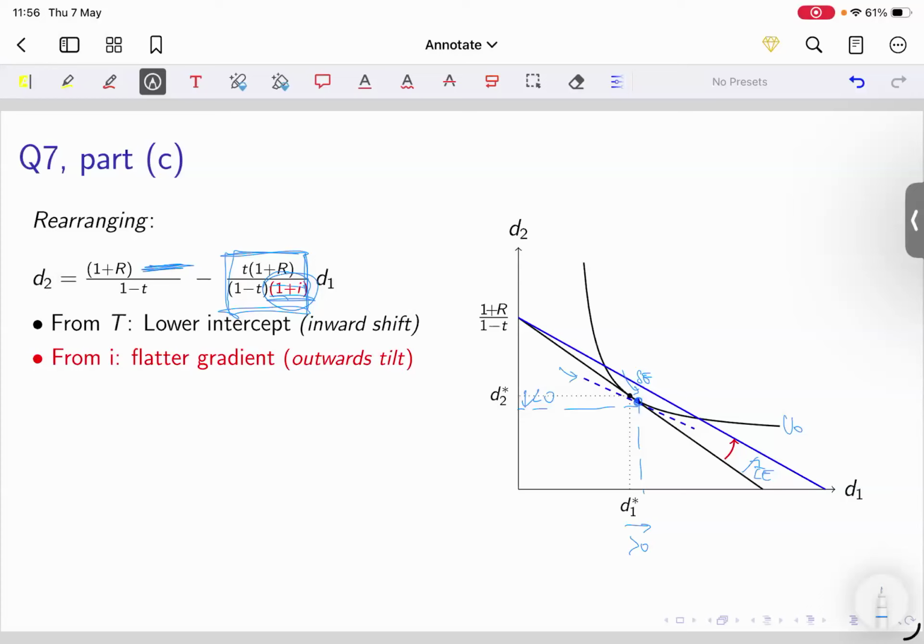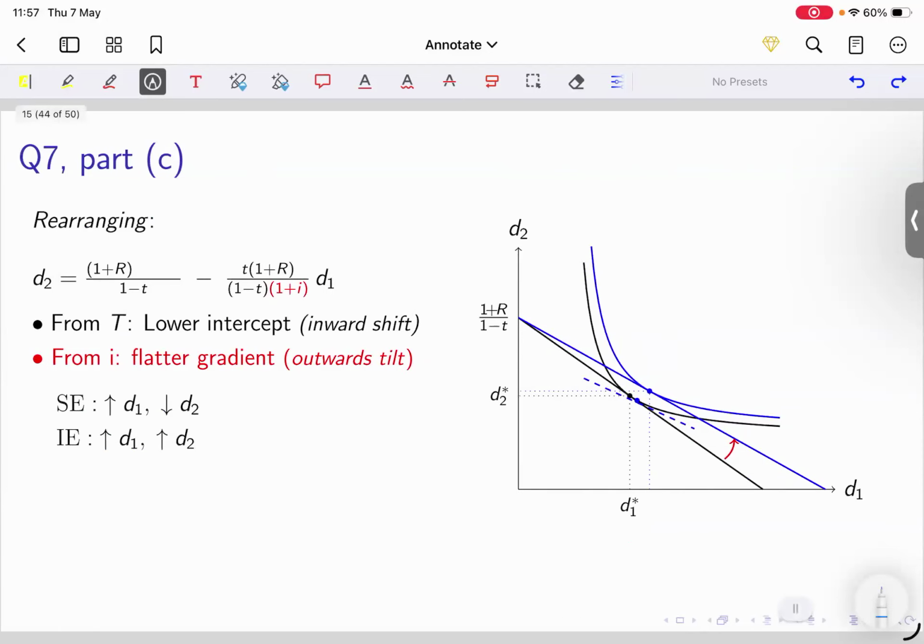Why? Because for every dollar I put in deposit, I'll get an extra I from the central bank. And indeed, you have an unambiguously positive effect on D1 and an ambiguous effect on D2 that once again might depend on your preferences, which here are reflective of your risk aversion.